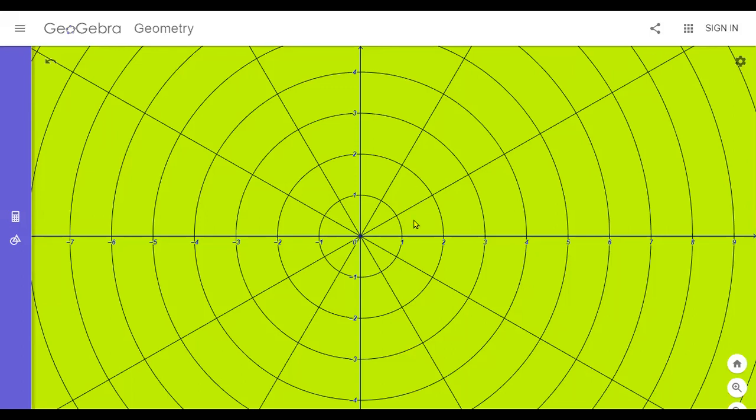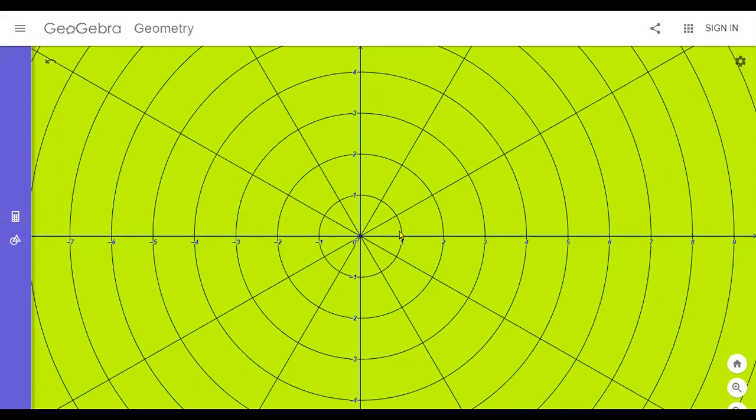Okay, here we can see this is the graph of polar coordinate. Please remember that the polar graph always has two parameters. One is the magnitude of the radial vector, or we can say the radius, and the next one is the angle made by the radius with the positive x-axis in anti-clockwise direction.